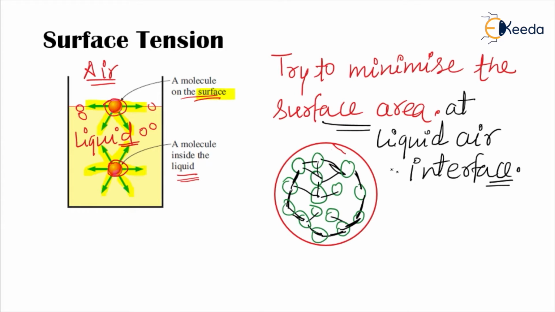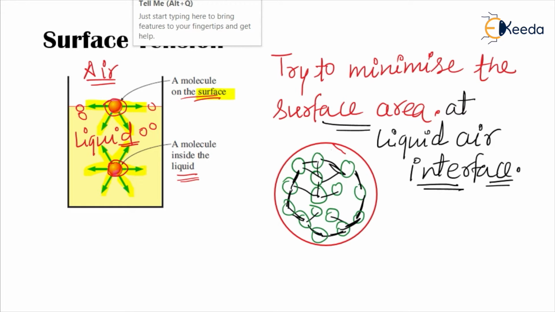This interface is important for us. Whenever a liquid comes in contact with any air or gas, it is the property of liquid. Keep this in mind, because of this, they try to minimize their surface area.